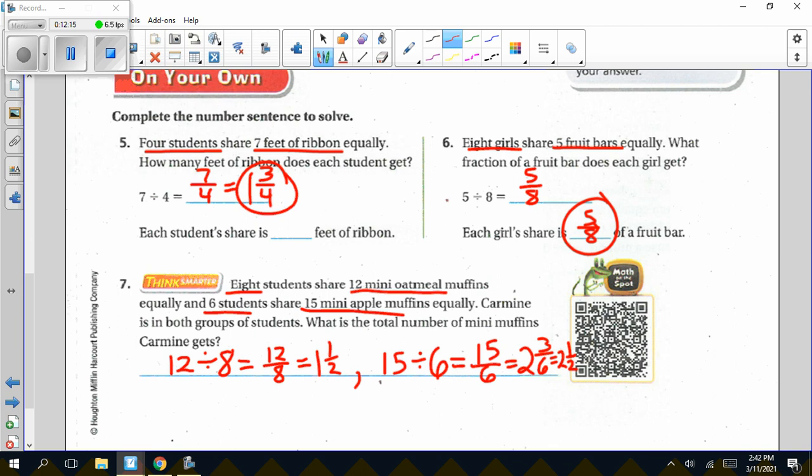If Carmen is in both groups, she's going to get 2 1/2 and 1 1/2. If I put that together, Carmen will get 4 total muffins. A half plus a half is a whole. That's 1 plus the 1 here makes 2, plus the 2 whole muffins there gives you 4 whole muffins.